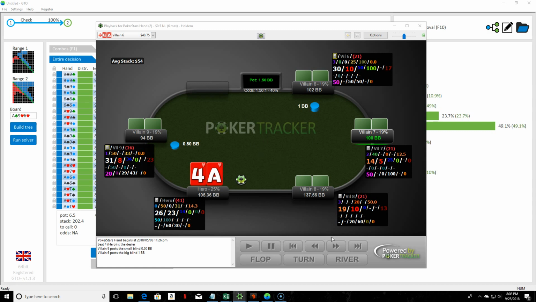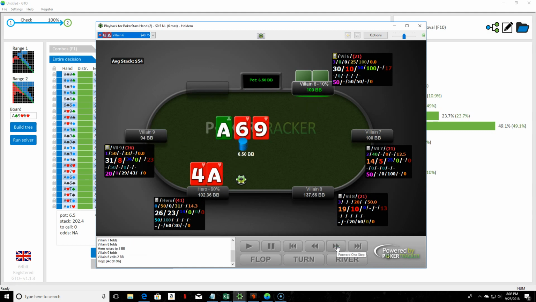So let me just show you the hand real quick. This hand was played back in May, at NL 50. As you can see, I can raise here. We have a nut flush draw, and we also have top pair. Our opponent checks, we bet. Our opponent then raises us, and we call, and we hit the nut flush on the turn.